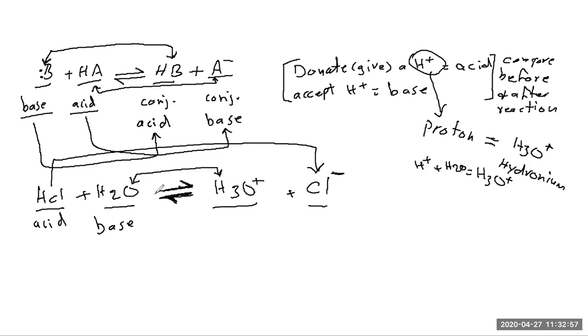That means it's a reversible reaction, it can go back and forth. We will talk about it in the equilibrium chapter. So H3O positive here will be the conjugate acid, and Cl negative will accept the proton, so it will be the conjugate base.